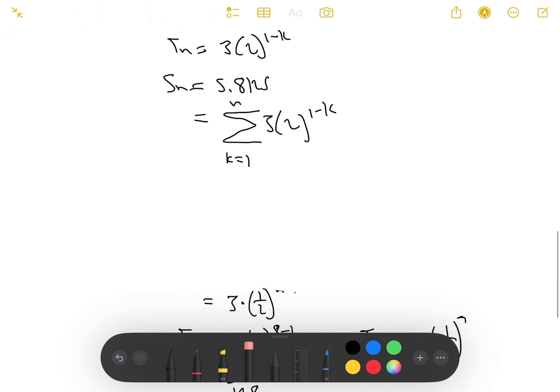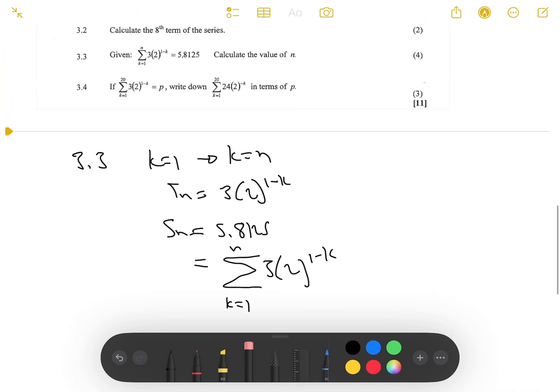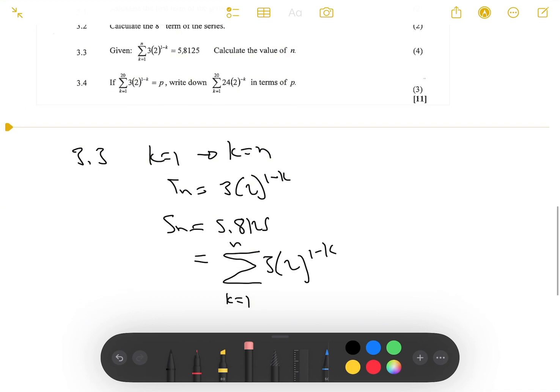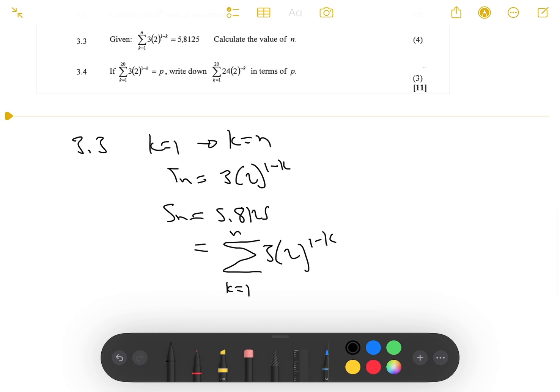So here let's continue. To calculate the value of n, one thing we have to note, guys, is this part here, the 2 to the exponent 1 minus k, which is actually the r part.